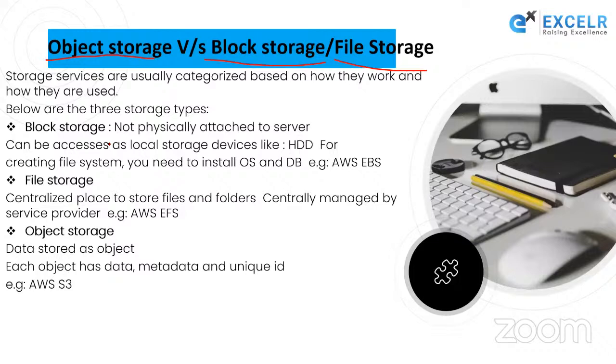The unique ID of that object will have some kind of metadata, and metadata is nothing but data about the data. For example, if you have a JPG file, the metadata for the JPG file is the type as JPG, the size, when it was created, and the name of the file. So this is the object for you. And S3 is the object storage in AWS.